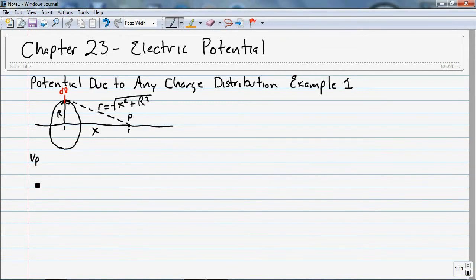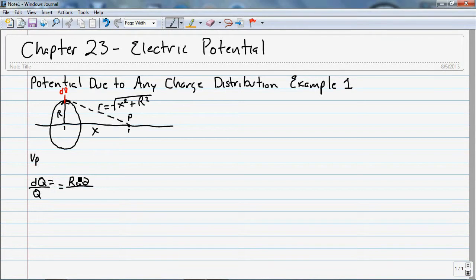And now I need to think about what is my differential charge. Well, that differential charge over the total charge is equal to the radius times the differential angle.